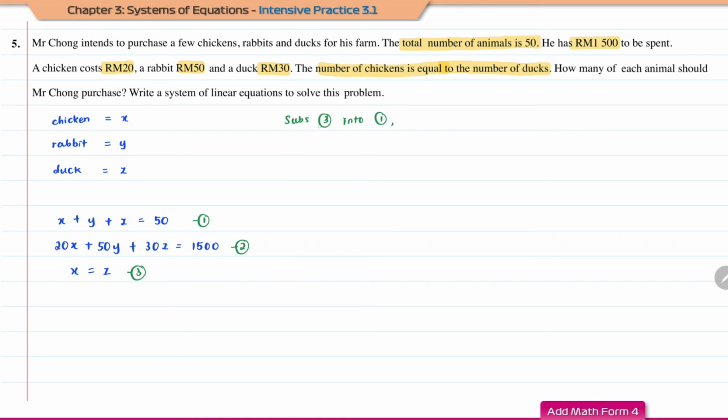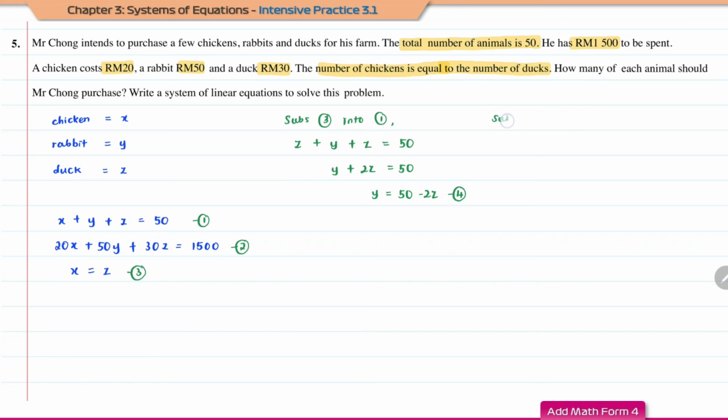So the x, we're going to replace it with z. Solve for the like terms, y plus 2z equal to 50. Then I'm going to let y become the subject of the formula. So this will be my equation number 4.